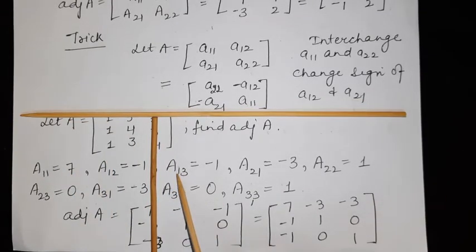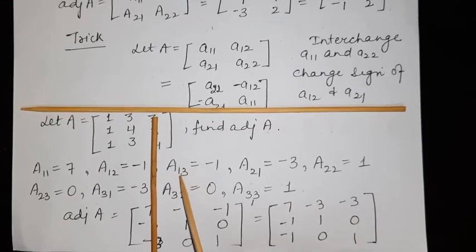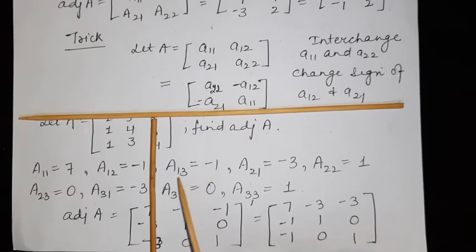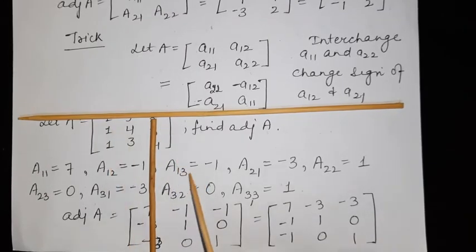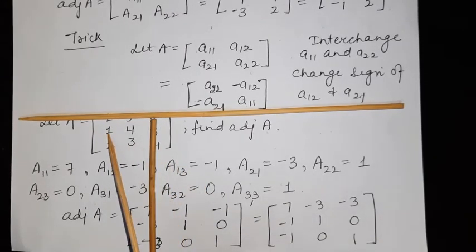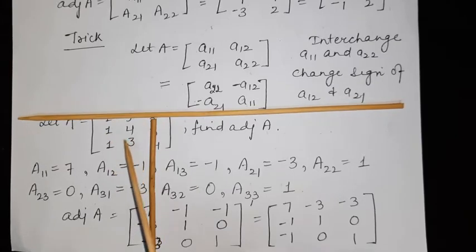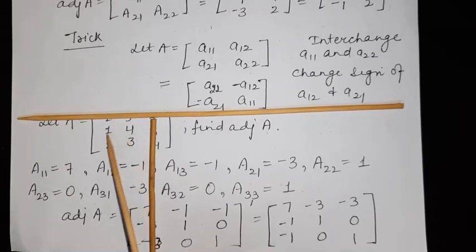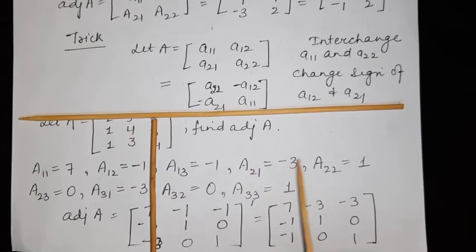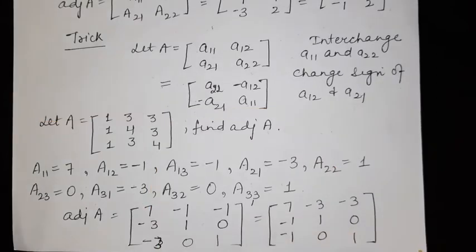Now let's check one more, A13. Ignoring first row and third column, we will be left with 1, 4, 1, 3. So 3 into 1 will give us 3, minus 1 into 4. So 3 minus 4 is minus 1. Similarly, you can check the other cofactors also.